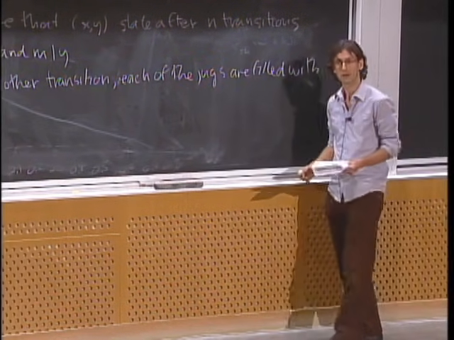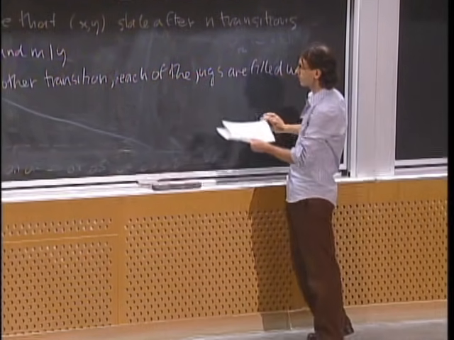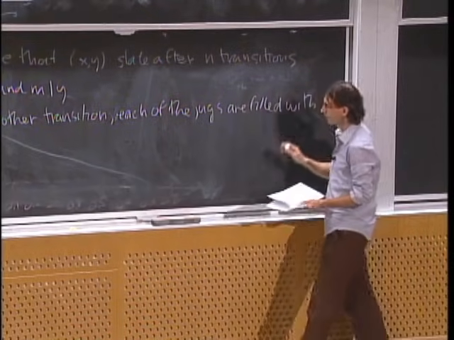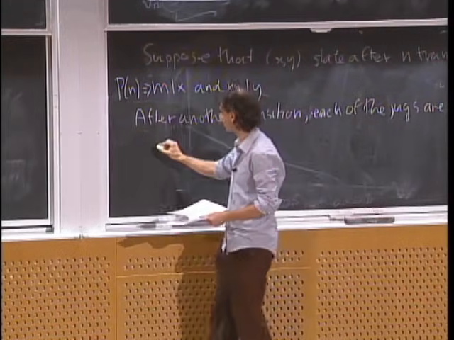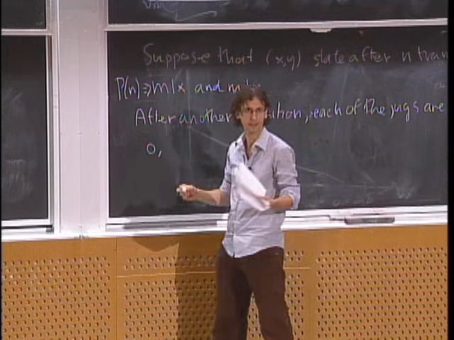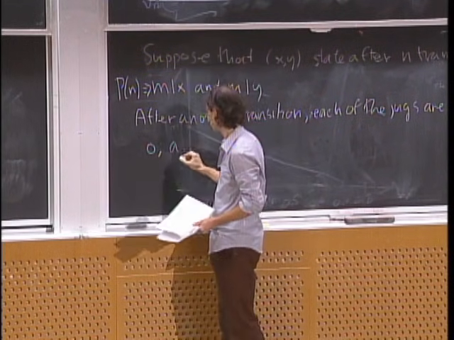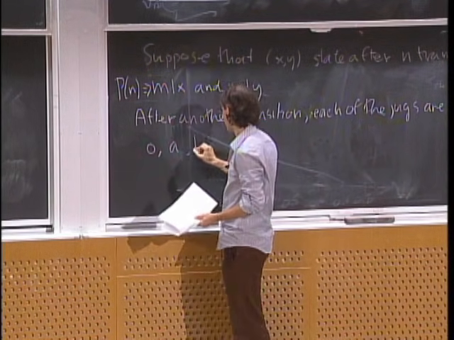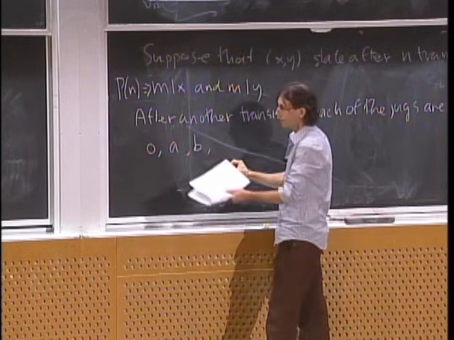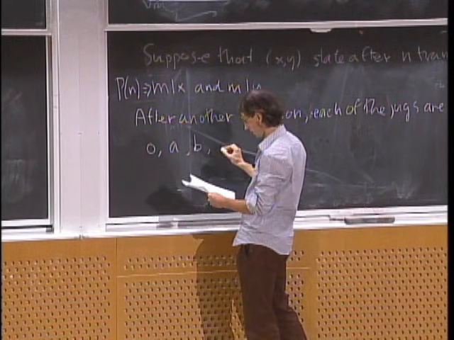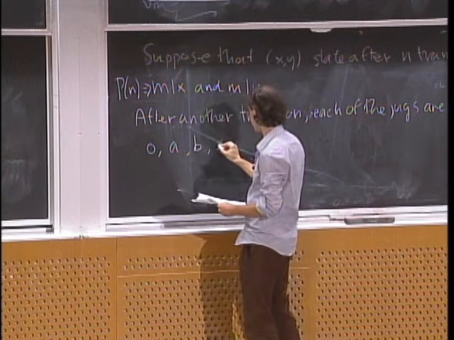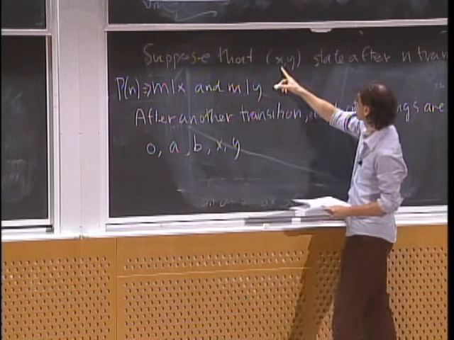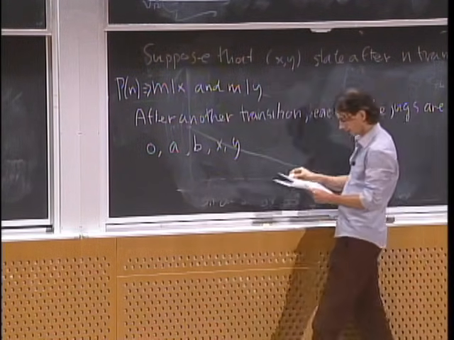So after another transition, each of the jugs is filled with either 0 gallons, if we have completely emptied them, or we have filled the first jug, A, or it can be B. It can also be X, of course, and Y, because that's the state that we are in.